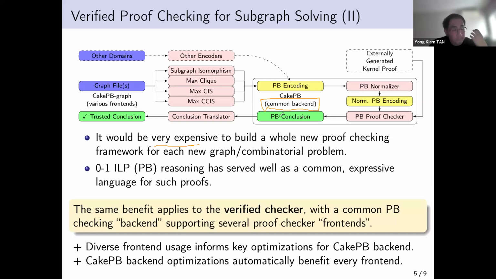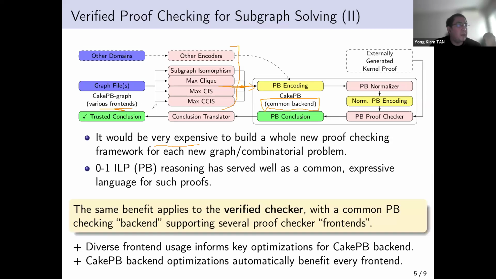And then beyond that, we were able to build these things, which I'm going to call the front ends. The main thing that we do for each of these front ends is to just verify this encoding step, right?